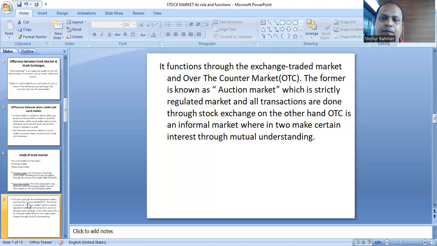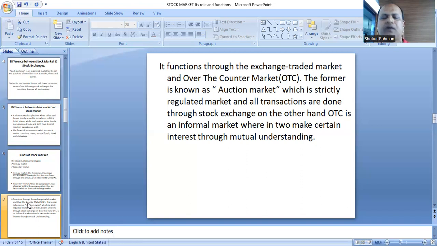Suppose company A has a new IPO, initial public offering, then it will go to the capital market. After reaching there, they will register and they will designate one share broker, and the broker will make the bidding in the market. In that bidding auction, the price is decided.